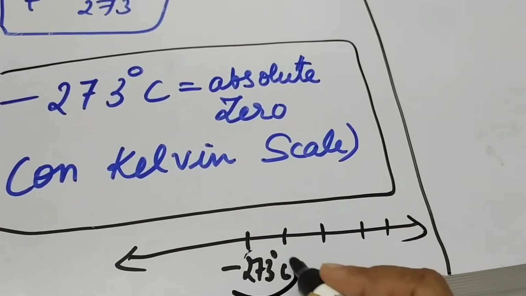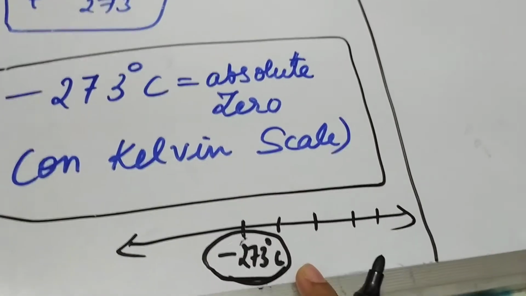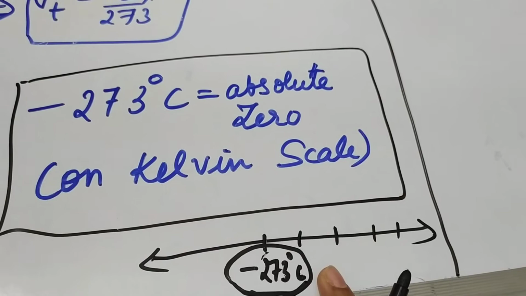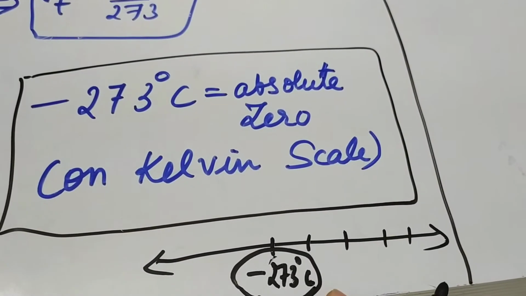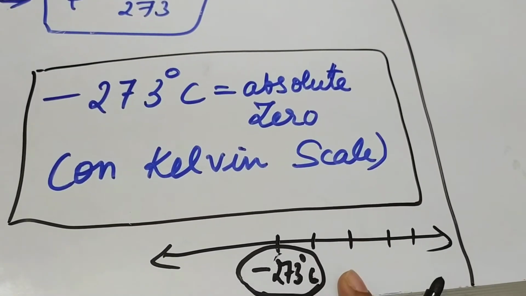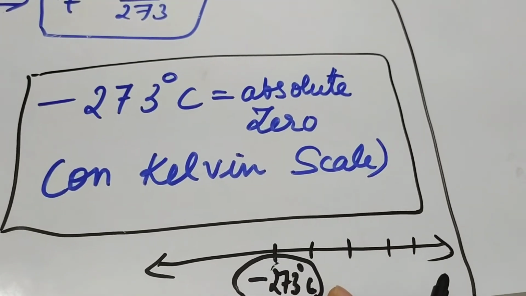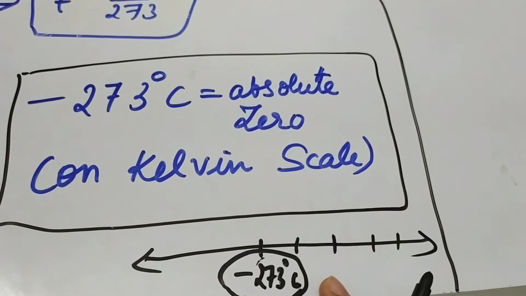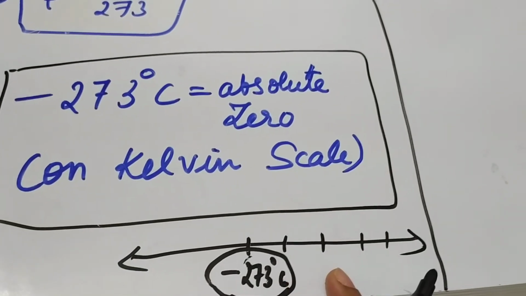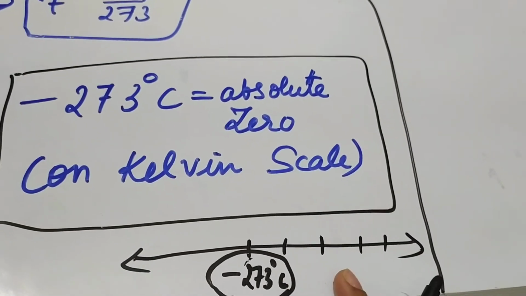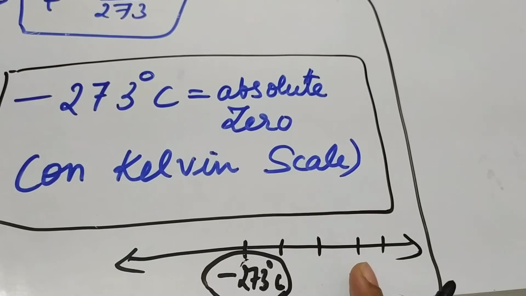But its 0 is minus 273 degrees Celsius, because theoretically, at minus 273 degrees Celsius, the volume becomes 0. It means that below this temperature, no gas exists. Theoretically it does not exist, but practically, before this temperature only, all the gases liquefy or solidify.